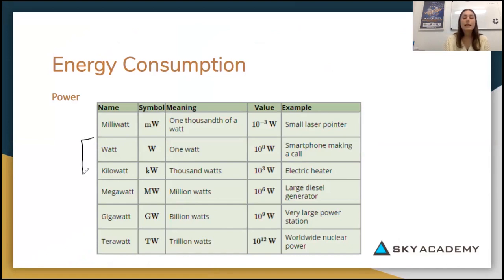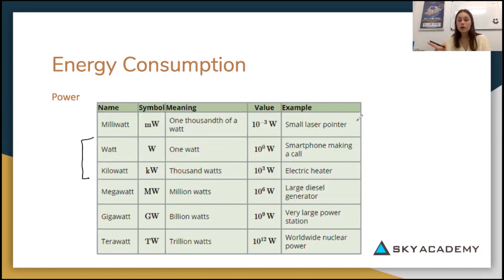A watt is represented by the symbol W, and it is our base foundation in energy. Kilowatts, represented by the symbol kW, is 1000 watts. So we can convert from kilowatts to watts and vice versa.